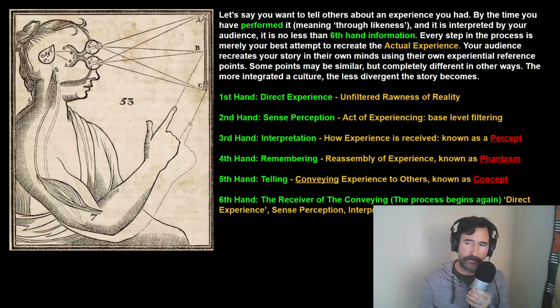If you're making a movie, the director wants to create the most true to form, true to life experience. Same way with an author who's writing a book. Same way if you're just telling a story. But the reverse is true.